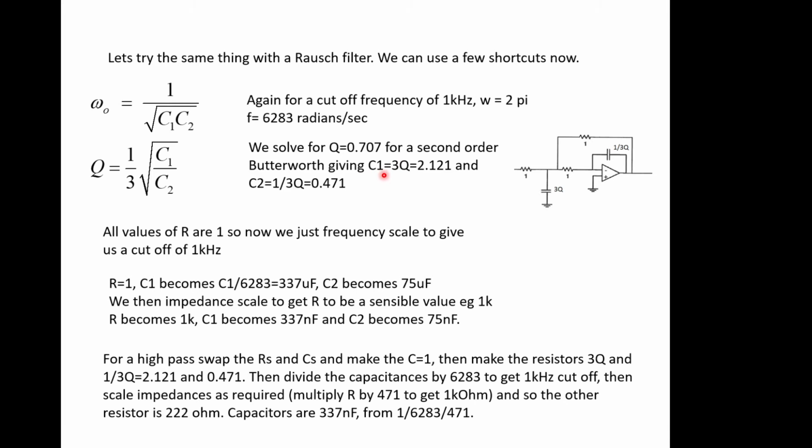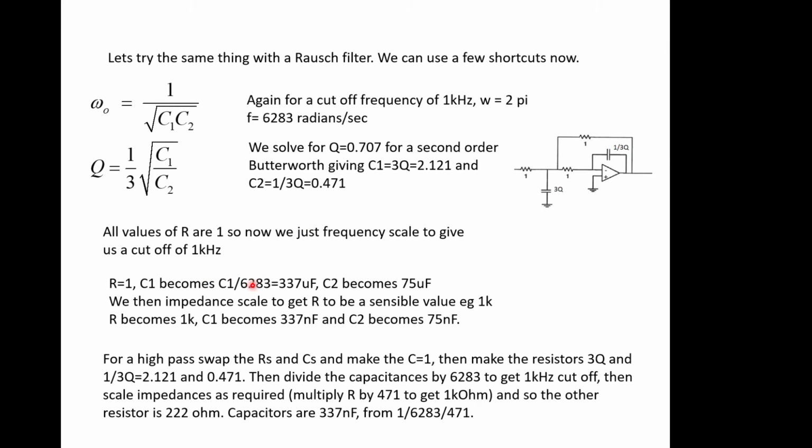so that gives us C1 equals 3 times Q. We know what Q is, it's 0.707, so we can work that through, and that gives us 2.121, and therefore C2 is going to equal 1 over 3Q, which gives us 0.471. All the values of R are 1, so we now just frequency scale to give us a cutoff of 1 kilohertz. So it becomes actually a very straightforward process in that respect.